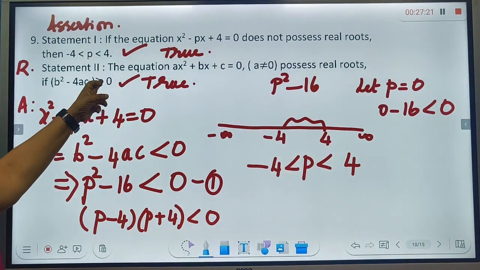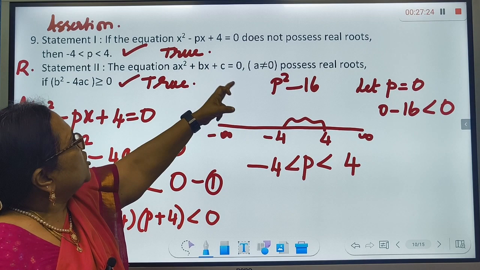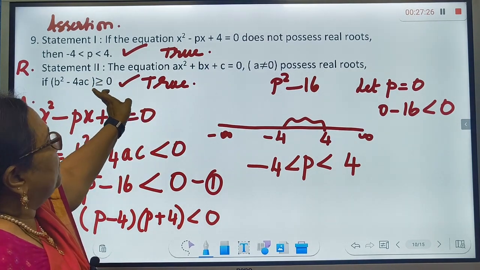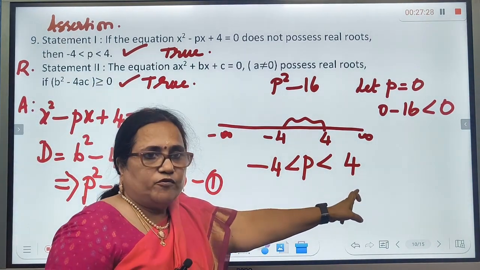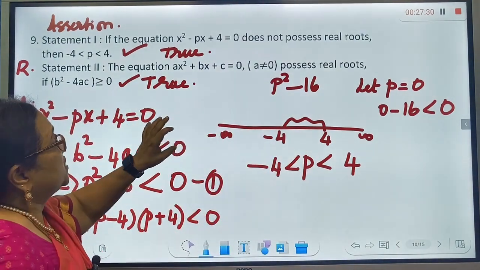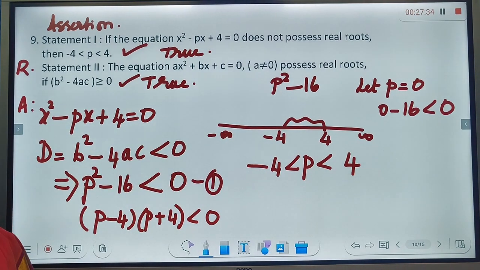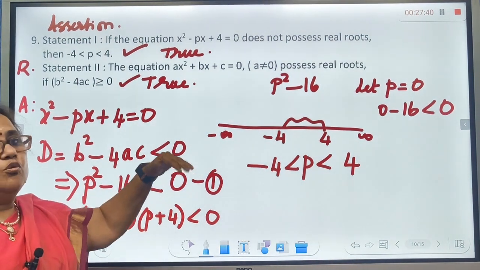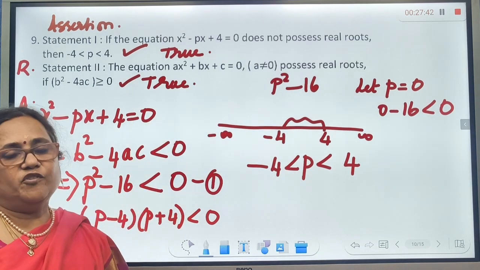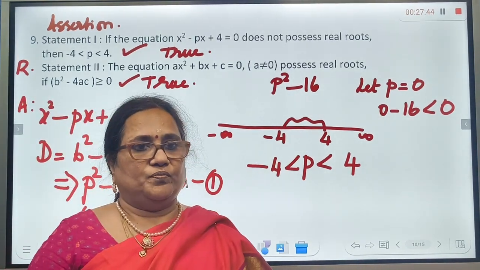The first is true because if x square minus px plus 4 does not have real roots, then p lies between minus 4 to plus 4. The second statement says it has real roots if b square minus 4ac is greater than or equal to 0, which we also know to be a true statement. Both are true, but the second one is not the reason why the first one is true.